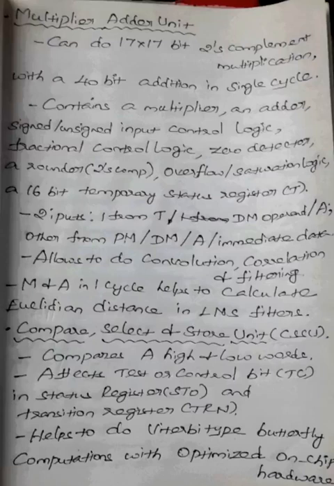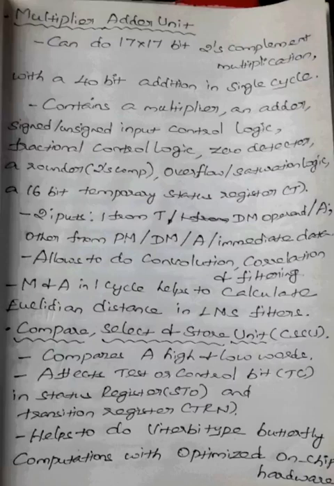And this comparison result affects the test control bit called TC in status register ST0 and the transition register TRN. The transition register will be enabled and the test control bit will be set or reset based upon the comparison result, whether it is greater or lesser.